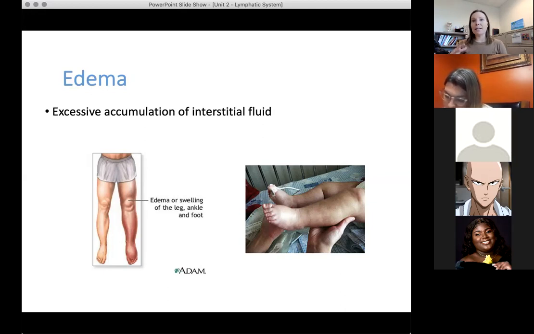And the reason for that is kind of similar. It's not so much that there's a blockage, but you're actually lacking some vessels there that would normally be draining that fluid. So if you have less vessels in an area because some were removed, or you had to remove all of the vessels in an area, then absolutely that's going to cause some buildup of fluid in that particular area. So that could be a cause as well if vessels had to be removed.